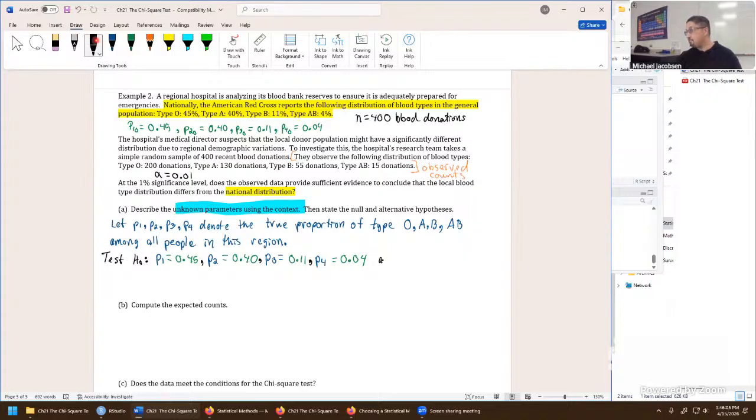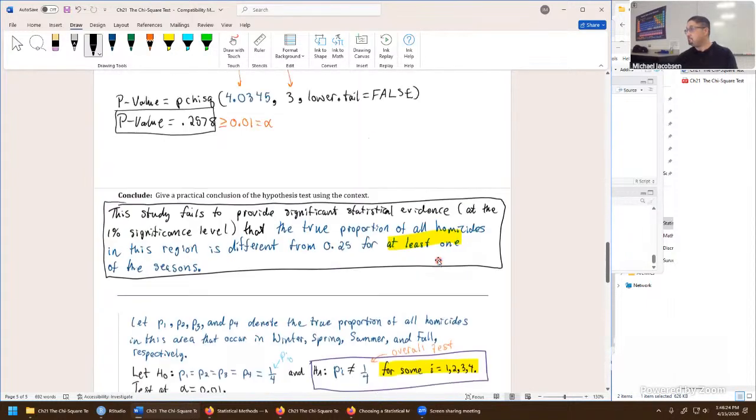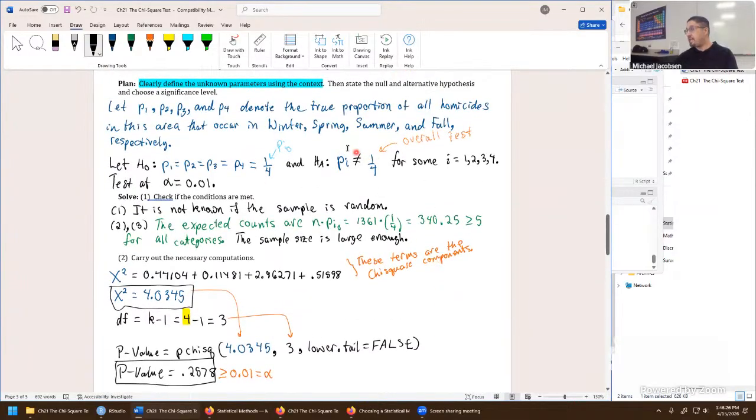We'll test that against an alternative hypothesis, HA, which is a statement that something is definitely happening in these data. At least one of these equations is false. So let's say it this way. In the prior problem, we were able to say Pi is not equal to 1/4 because we had one and only value for every parameter.